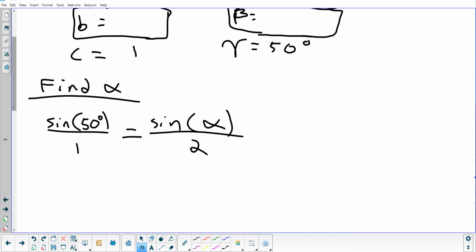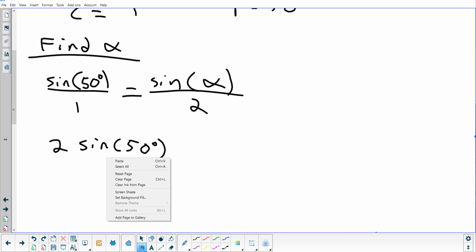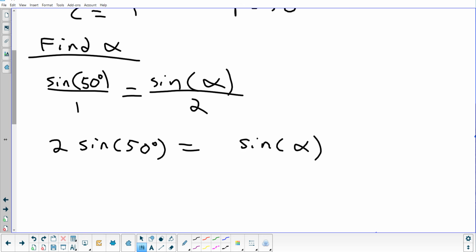And now let's get sine alpha by itself. So multiply by 2. I'm no longer going to divide by 1 because I don't need that. So multiplying by 2 moves it to the other side.